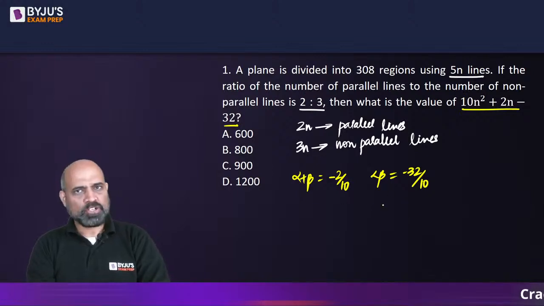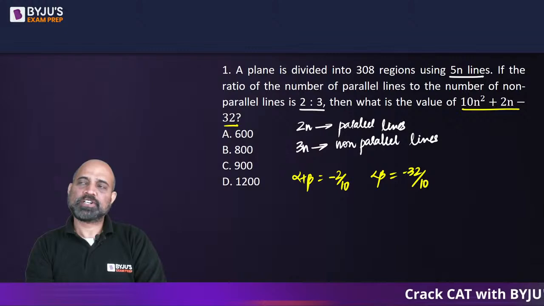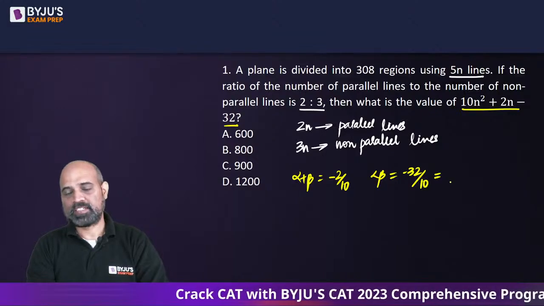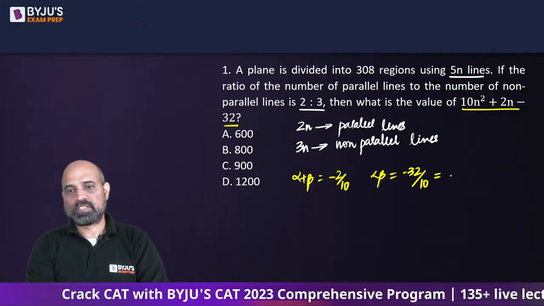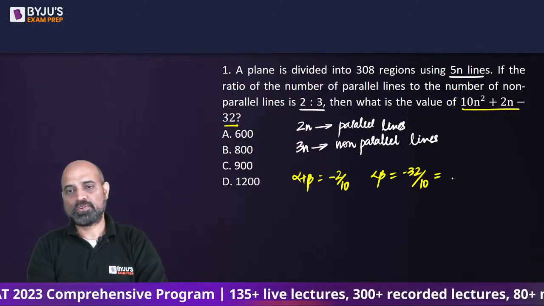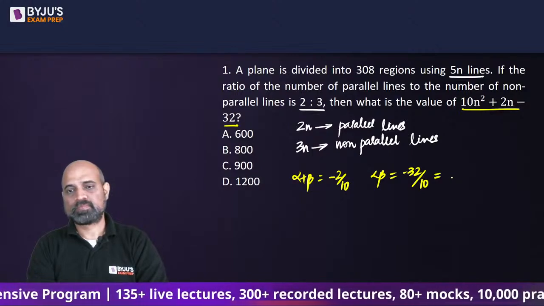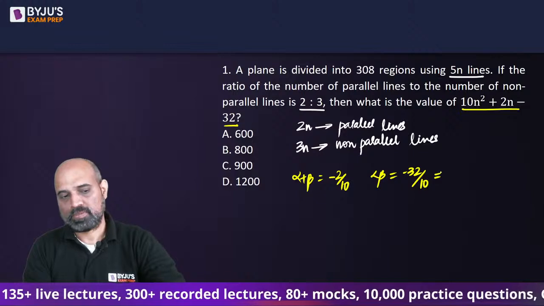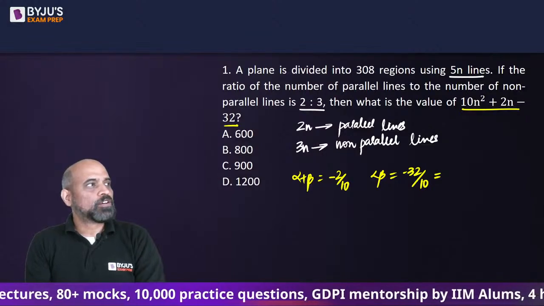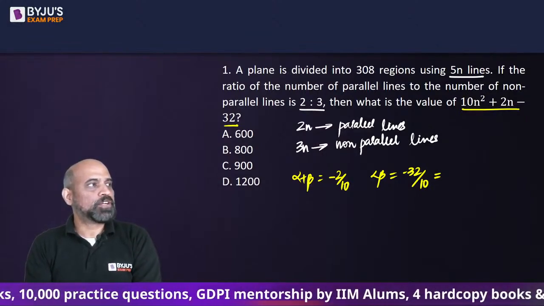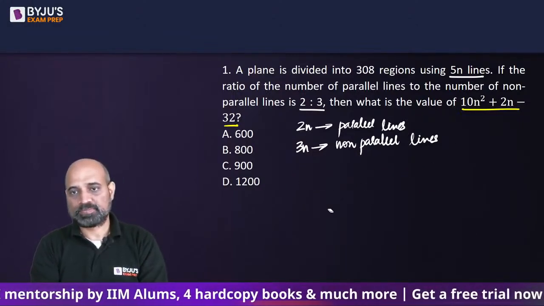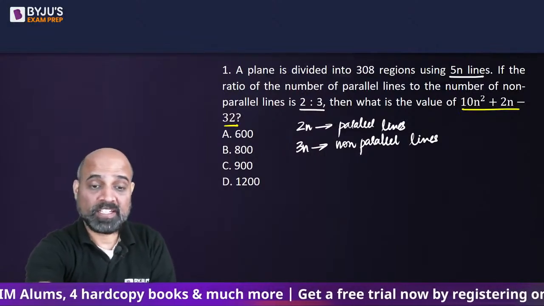So I'm not going to simplify it as 5. I have to break down minus 32 by 10 as product of two numbers such that their sum results in minus 2 by 10. So this is going to be 16 and 2, no, 8 and 4. No, we can't straight away add 8 and 4, can we? Because if we add, we will get 4, but our denominator is going to remain 10, so it will become 4 by 10. Okay, so it's not that easy to convert this into factorized form.